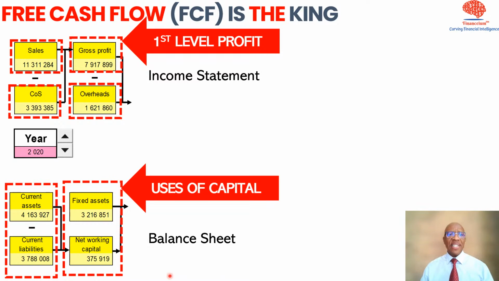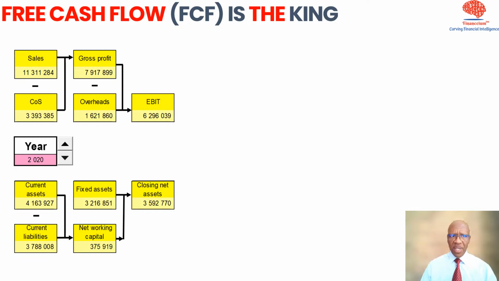Now we can see clearly here on this balance sheet that the difference of your current assets and liabilities gives us our net working capital, our day-to-day running of our businesses. But we also use capital for fixed assets or capital expenditure. Now let's move to the next step.